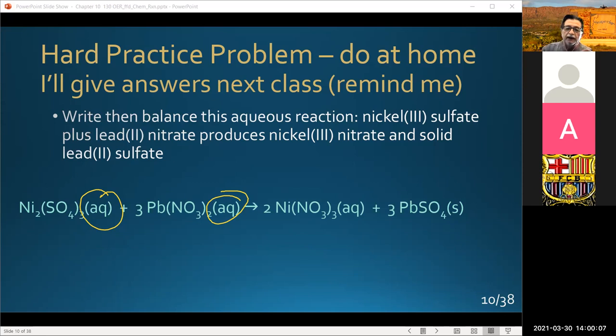Okay, what do I mean by that? Well, the nickel combines with the nitrate, and the sulfates combine with the lead. Okay, they essentially exchange partners.